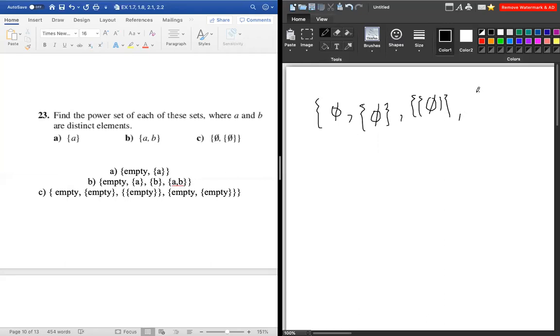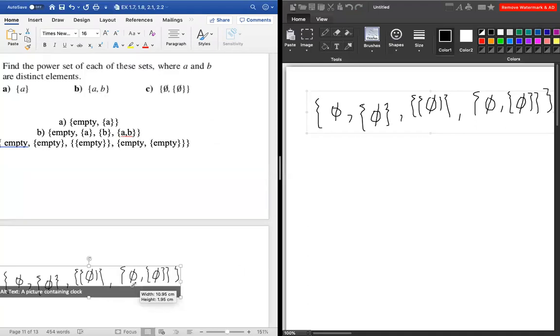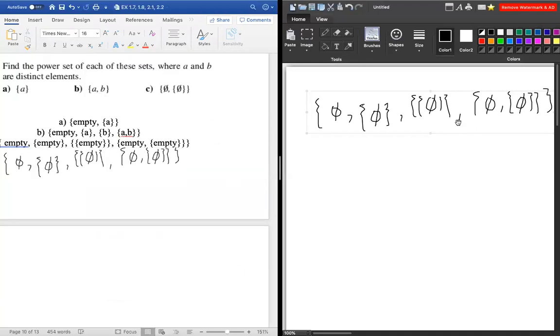And then lastly, we have the whole set together. Okay, and then this closing bracket over here.